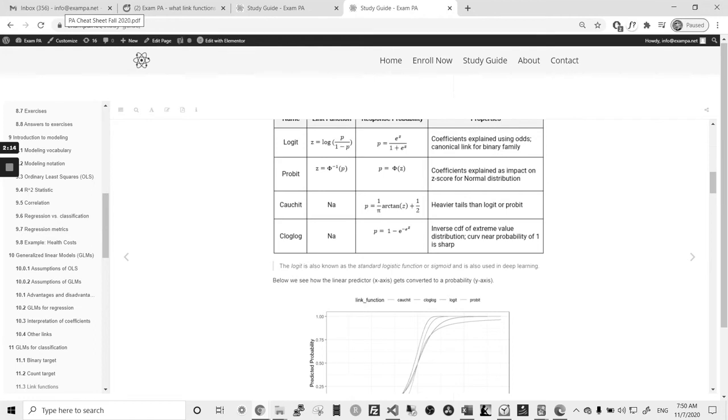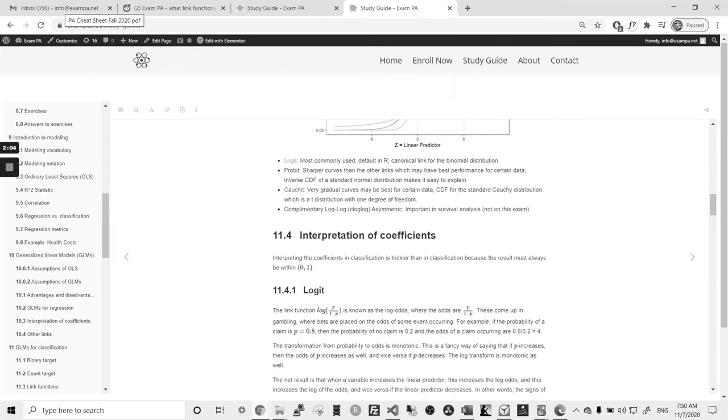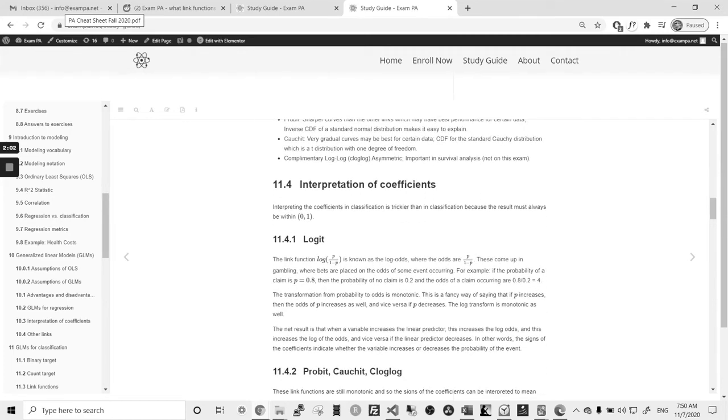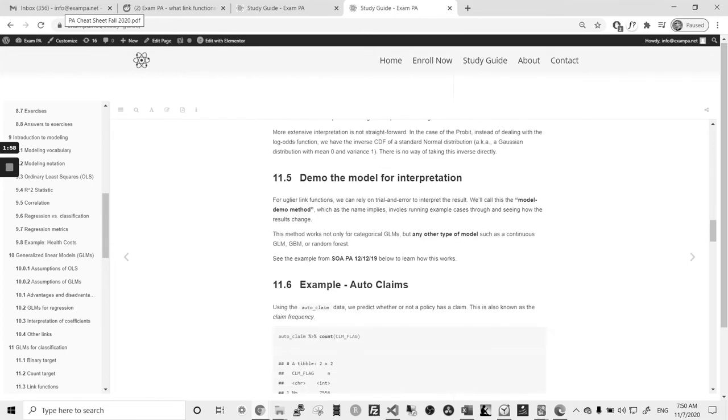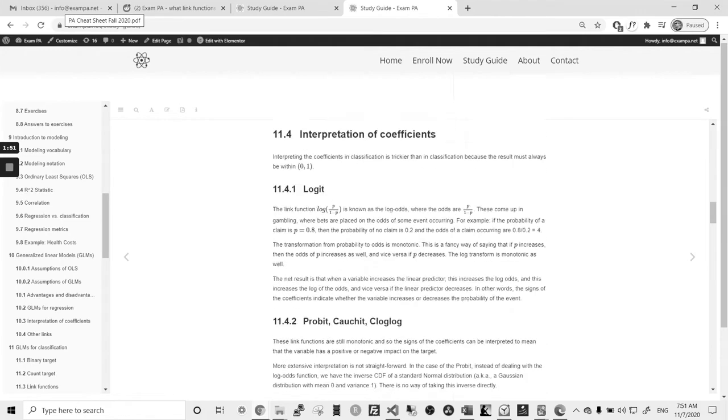Because the canonical link function is easier to converge, so it's mathematically simpler, and it fits most of the time. Even if you don't have a link function that you can interpret, you can always use other interpretation methods, like you can look at example cases of the data.